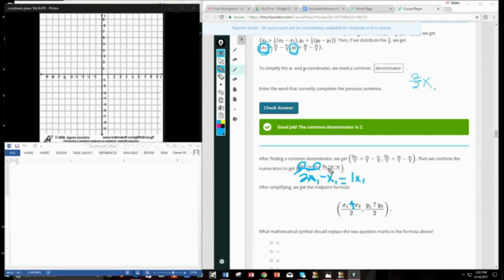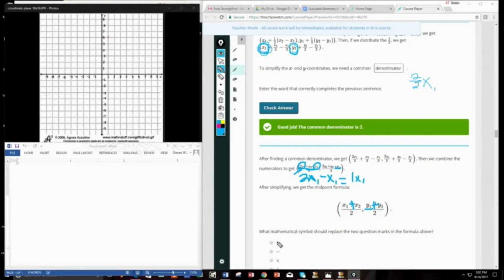We have two y sub 1s. Well, y sub 1 and y sub 2 are not like terms, but 2y sub 1 minus a y sub 1 is going to leave us with 1 y sub 1, which is represented here, and that y sub 2 didn't go away. It's still positive y sub 2.